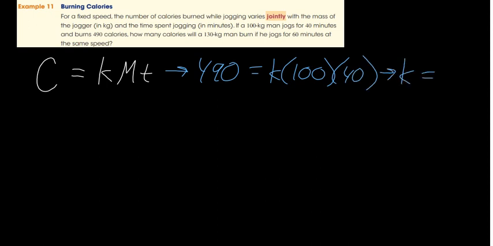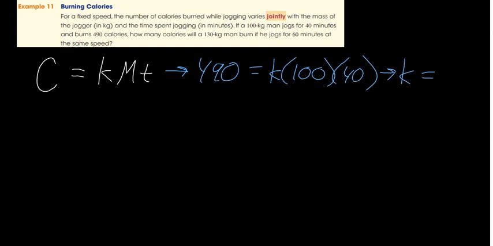K is equal to, all right, so 100 times 40 is equal to 4,000. So we're going to take 490 and divide it by 4,000 to get 196. So K is going to be equal to 196. Is that right? No, it's not right. I forgot a parentheses. I'm having a rough go today.